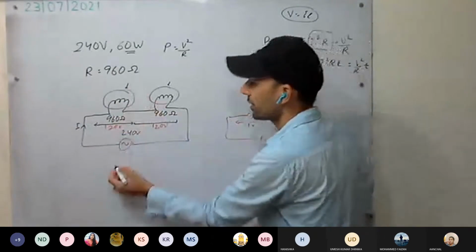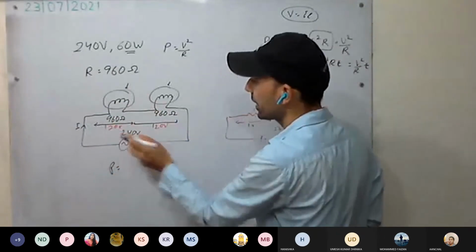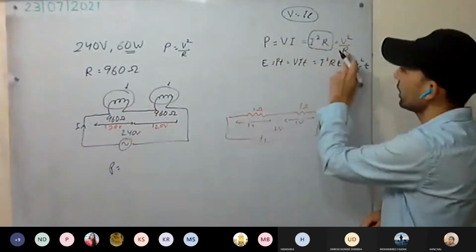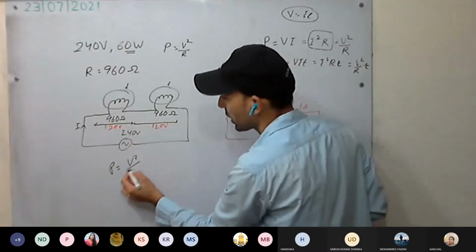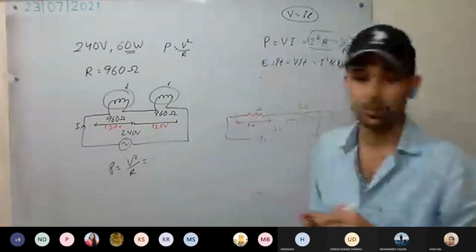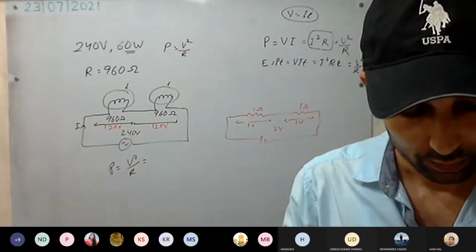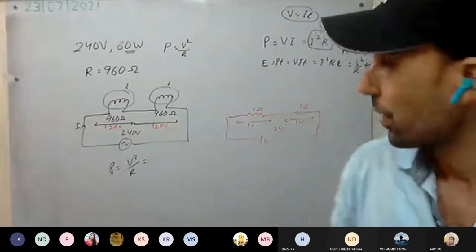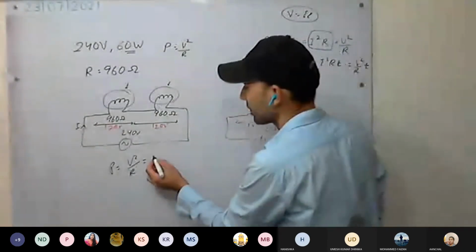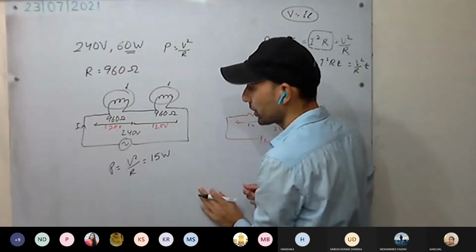What will be the power? First bulb. Resistance is there. Potential is there. Which one? Last one. V square by R. Calculate it. So it is 120. How much it is? 15 watt?